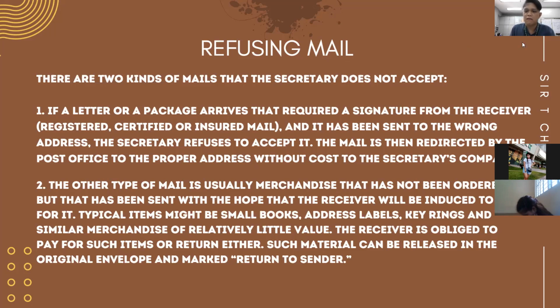Either such materials can be released in the original envelope and marked return to sender. This is the kind of mail where, when you receive it and open it, the company is required to pay. The company will pay for that kind of mail.